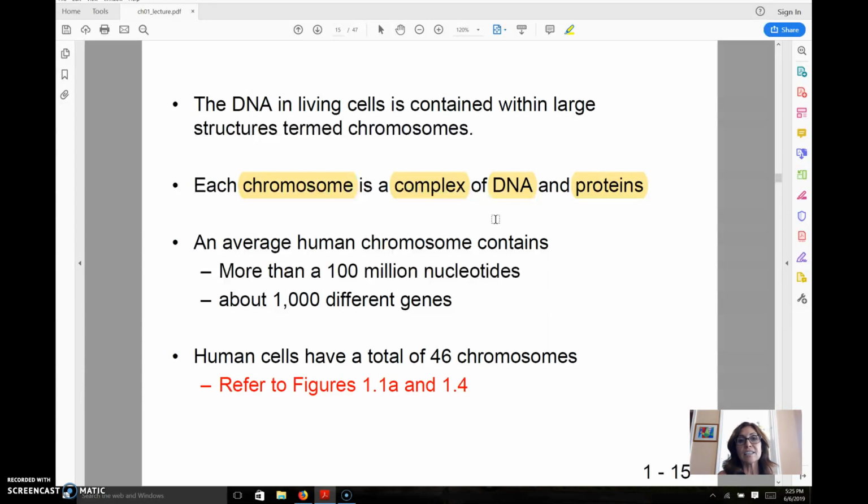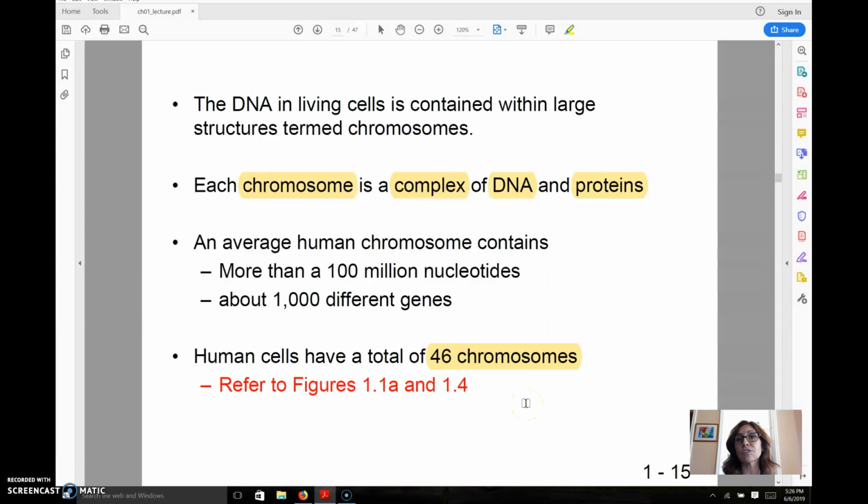And so in the case of a chromosome, you have DNA and what we call packaging proteins or histone proteins, structural proteins. And so the average human genome or chromosome contains millions of nucleotides, that get wrapped around into these little coils and eventually are packaged into 46 chromosomes in humans.